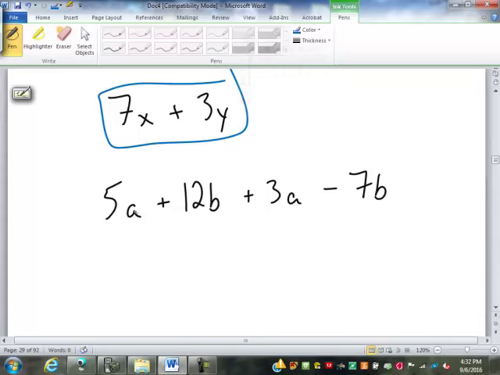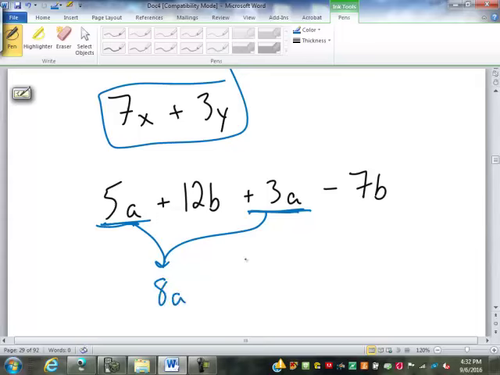Now looking at that, I have 5a and 12b that I can't combine because they have different names. But the 5a can combine with 3a. Now we treat the symbol in front of it as its sign. It's a plus 3a, so we know that's a positive 3a. This is a positive 5a and a positive 3a make what?